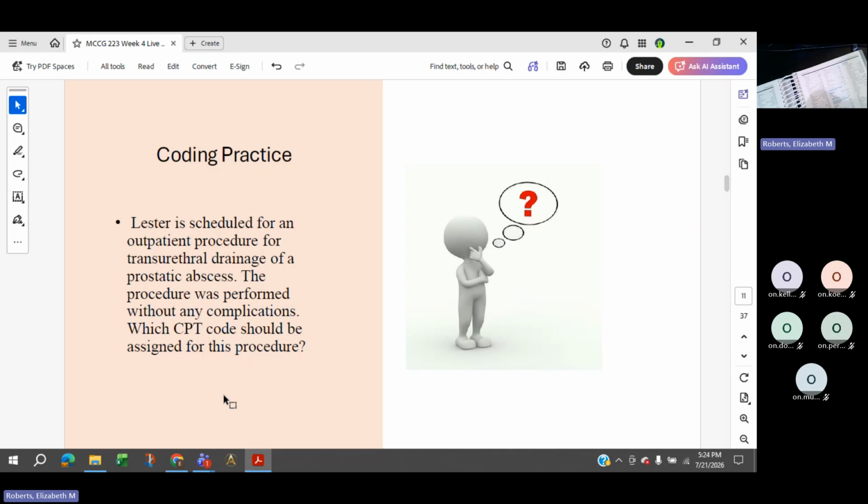Drain, drainage, lots of drainage stuff. When we go to drainage, I'm finding it on page 1154. What are we draining? We're draining an abscess, and the abscess is on the prostate.